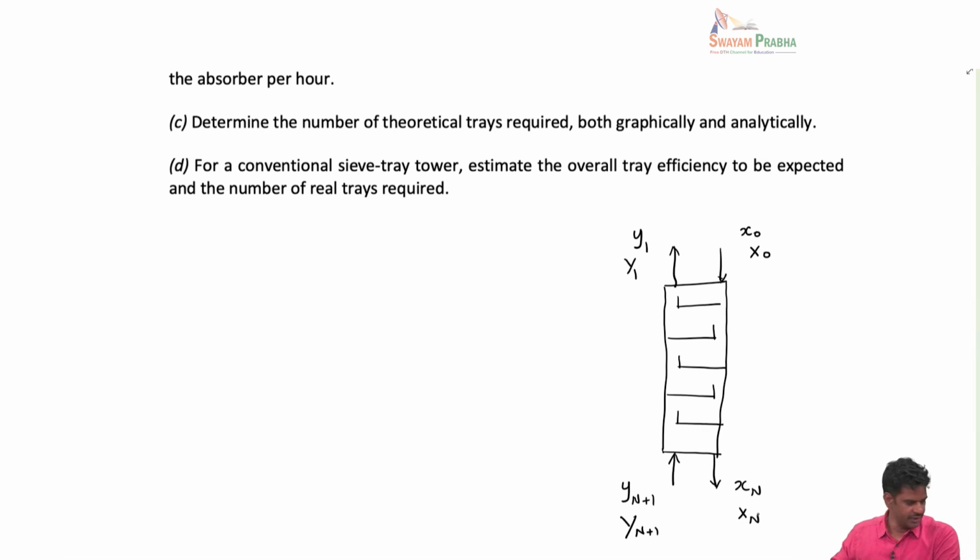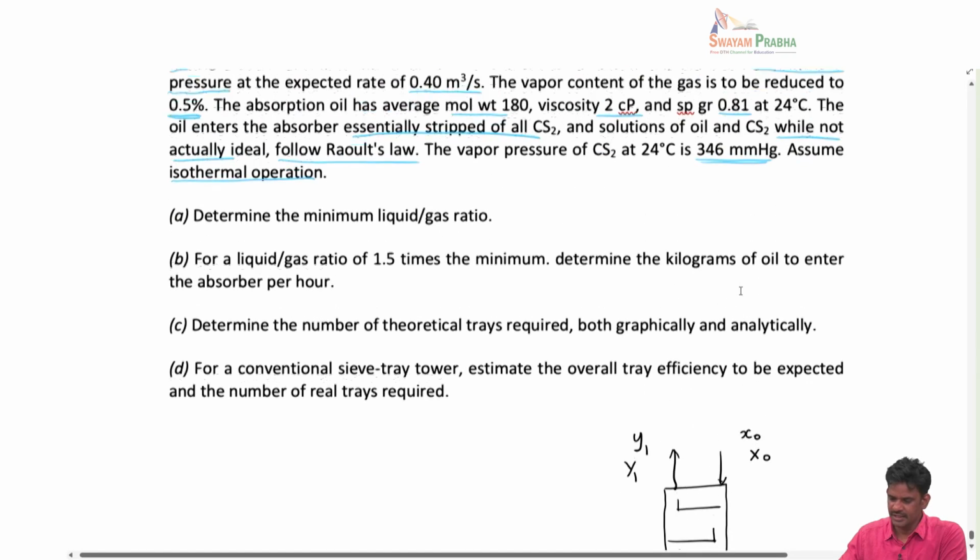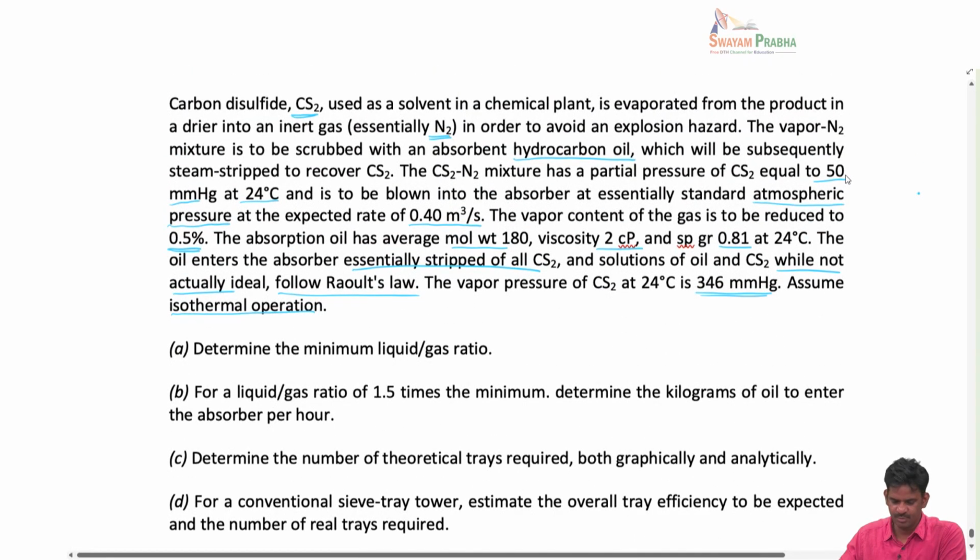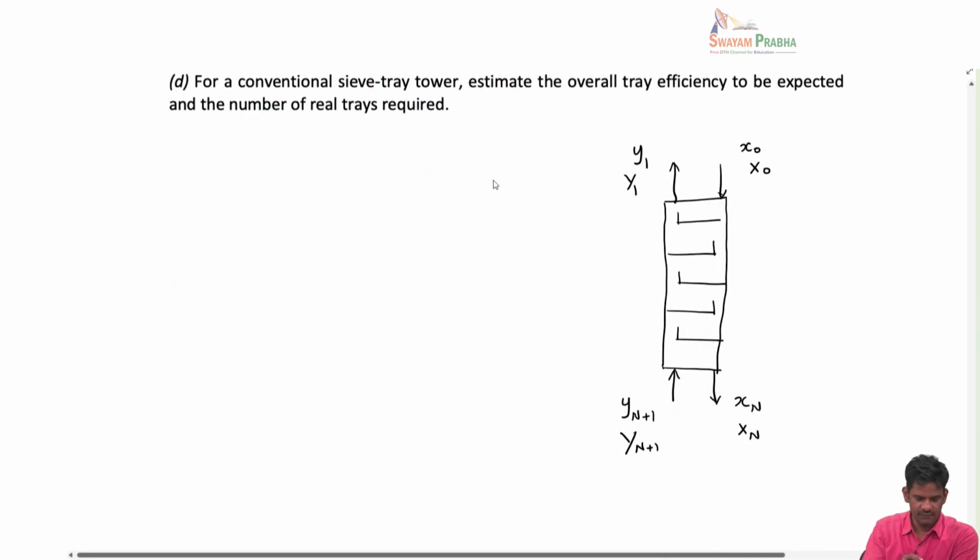So what do we know about this? The inlet composition is given in terms of partial pressure of CS2, that is 50 mmHg. Okay, so we can say this yn+1 is 50 mmHg, and the total pressure is 1 standard atmosphere. In terms of mmHg units, this is 760 mmHg.